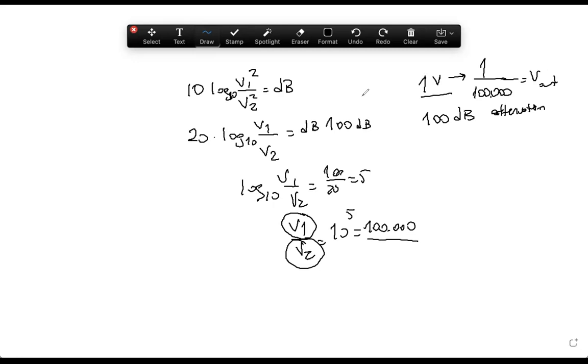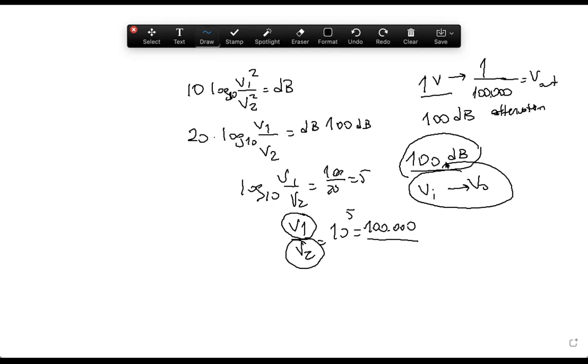Then friends, what I'm saying is, if it says 100 dB attenuation, what does it mean? There is a kind of attenuation of 100 dB between V in and V out, right? V in will be attenuated to become V out.